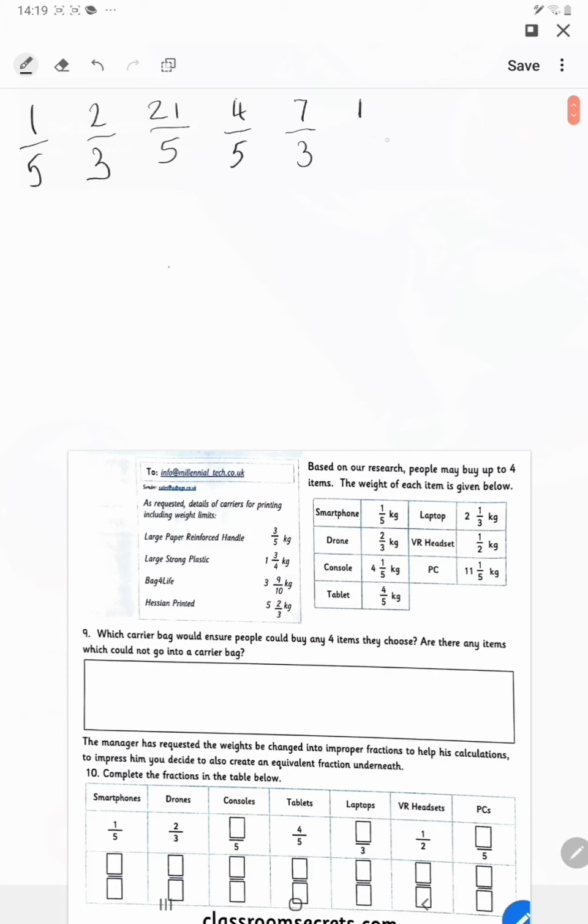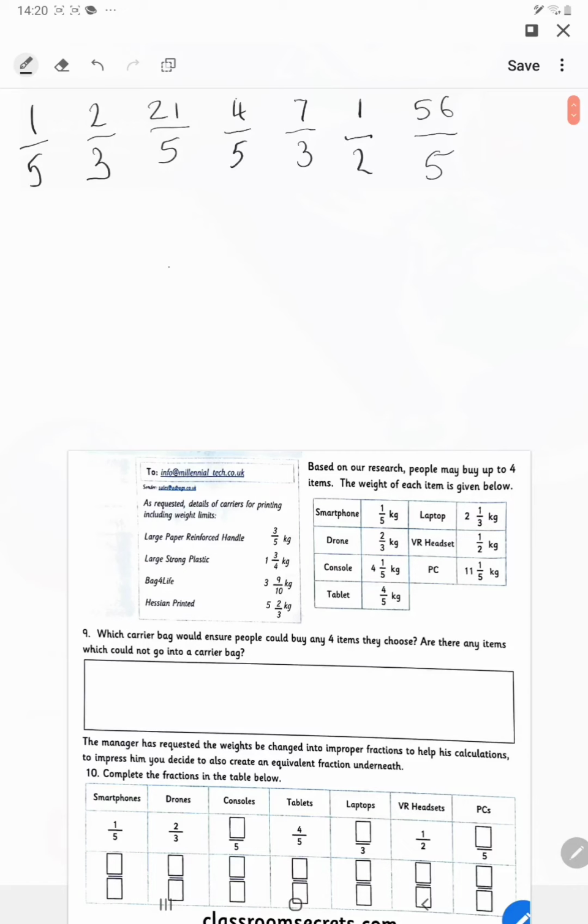VR headsets are a half, and PCs are 11 and 1/5. Well, we know we've got 11 lots of 5/5, which will give us 55/5 plus 1/5, which will give us 56/5.